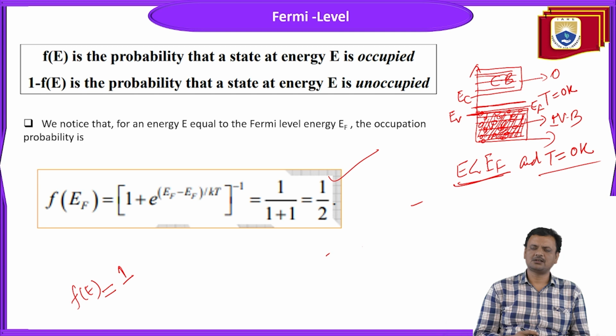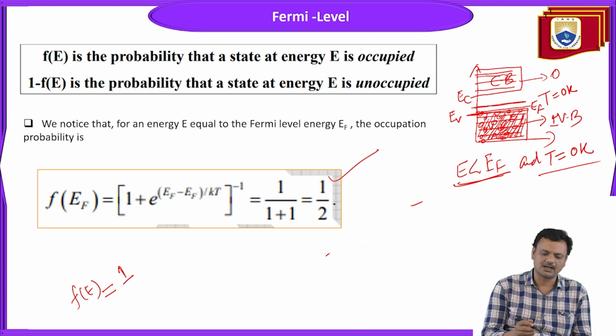Actually, the Fermi level generally is not part of the conduction band, nor part of the valence band, but at absolute 0 you can say that it is the highest filled level, and it is part of the valence band.